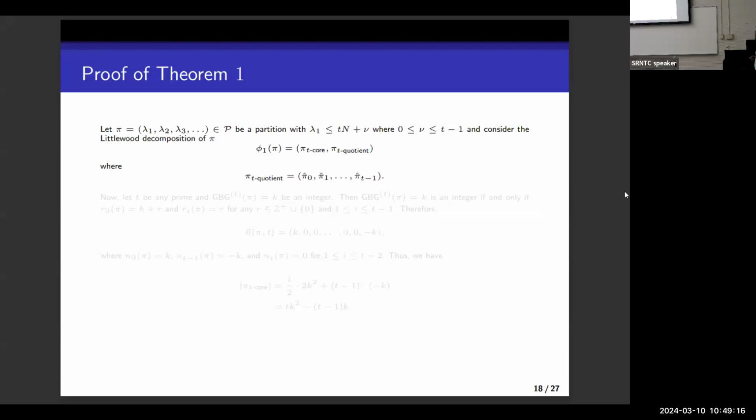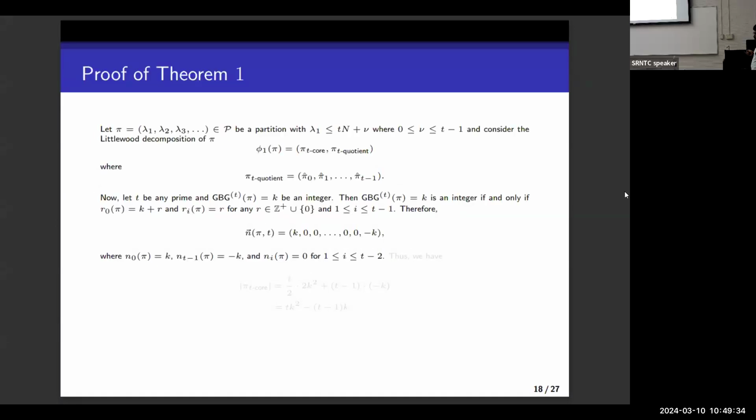Okay, so now let's sketch a brief proof of theorem 1. First, consider any partition having largest part at most tn plus nu, for nu between 0 and t minus 1. Then consider the Littlewood decomposition of pi. So we have the t core and the t quotient, where the t quotient is of this form. Now let t be any prime and the GBG rank be k, which is a fixed integer.